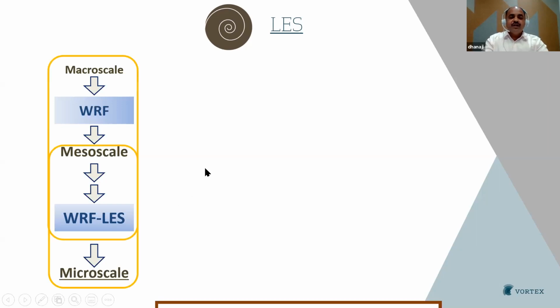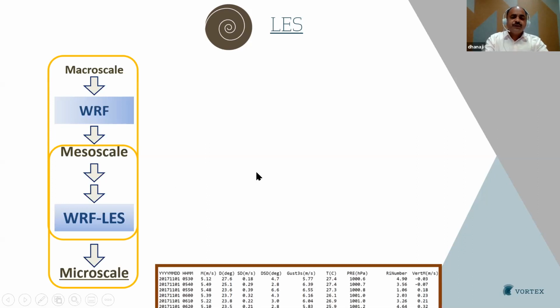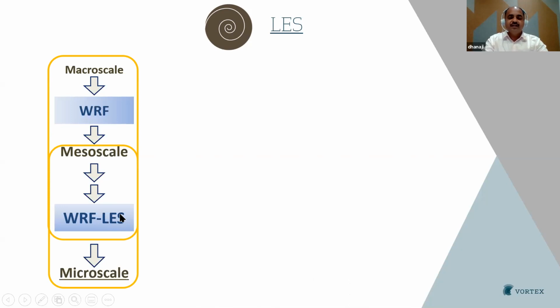Okay, and important here is the seamless coupling between the mesoscale and microscale. And thanks to our R&D team, they keep updating this LES code, and that is the reason I say it is Vortex LES, to optimize the computational power use and to make it commercially viable in terms of delivery and cost.